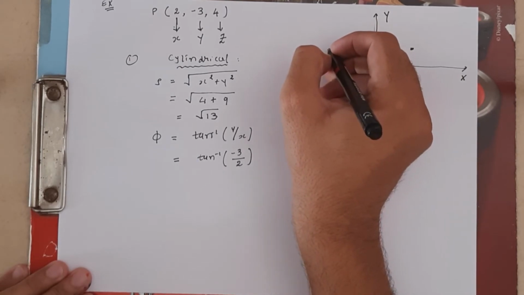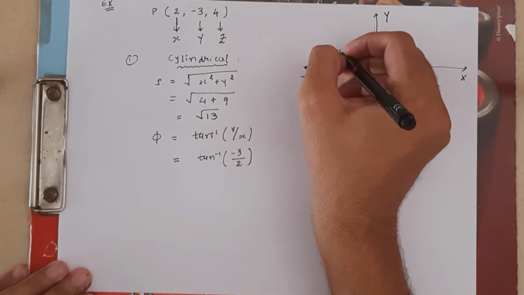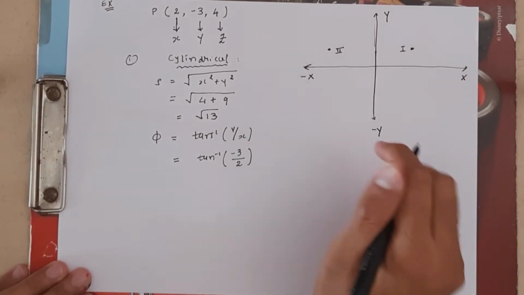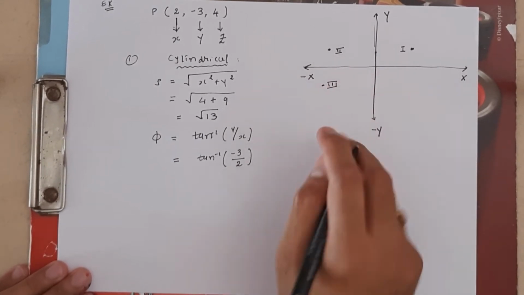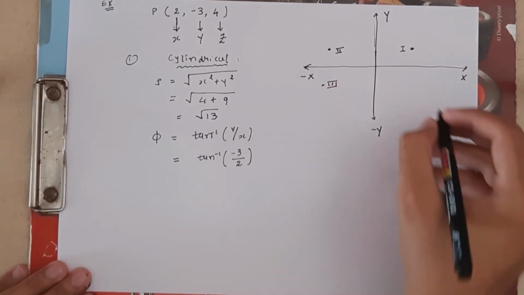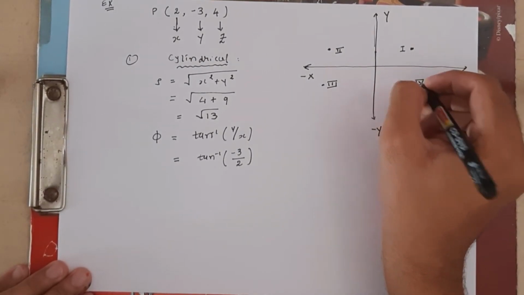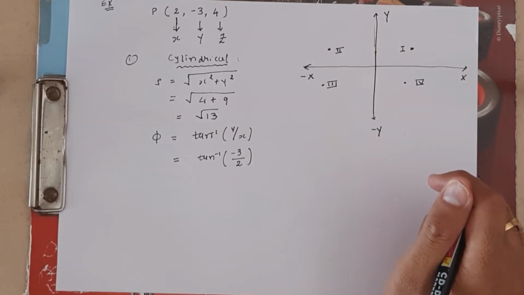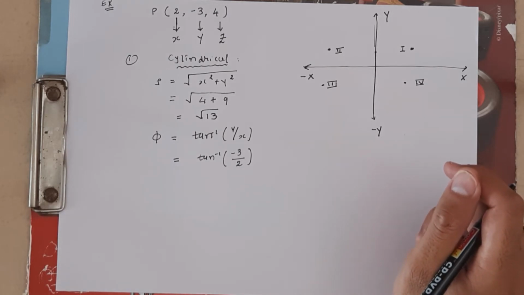Now the point is in the second quadrant, so the value of x is negative, value of y is positive. In the third quadrant, both values are negative, and in the fourth quadrant, the value of x is positive and value of y is negative. So in all the cases, the values of the angle are different. How?